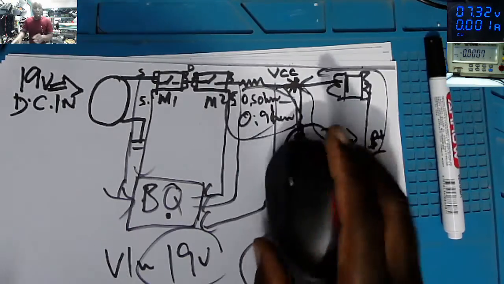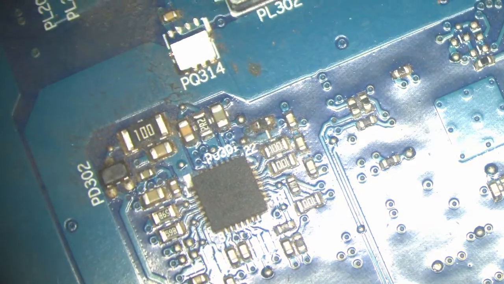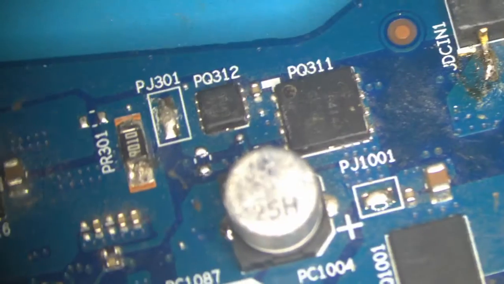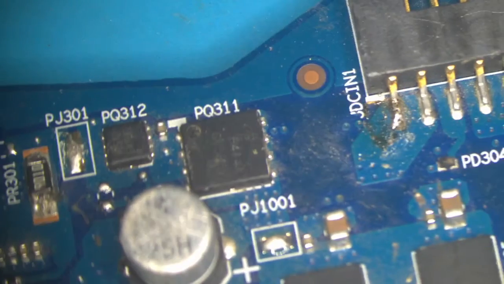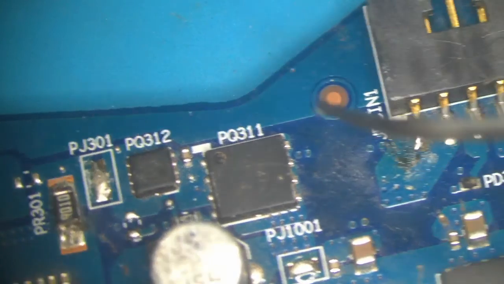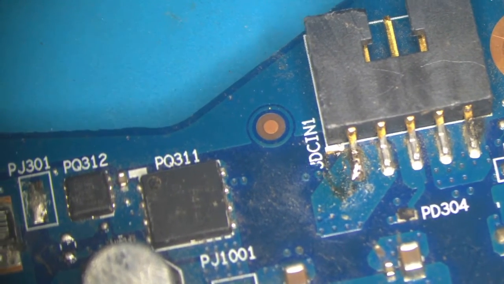so let's see what we have here. We are trying to combine theory and practical so that you understand what I'm trying to say here. Let's go. That's the input circuit. You see, we have the DC in. It's written, this board is a Smart for Lenovo. Everything is written on the board.